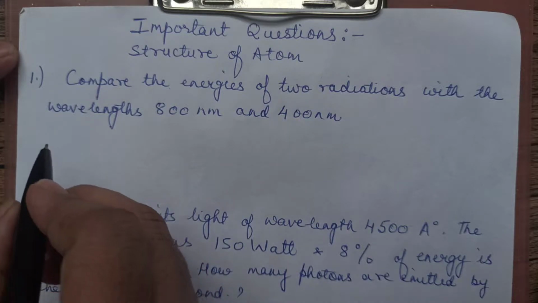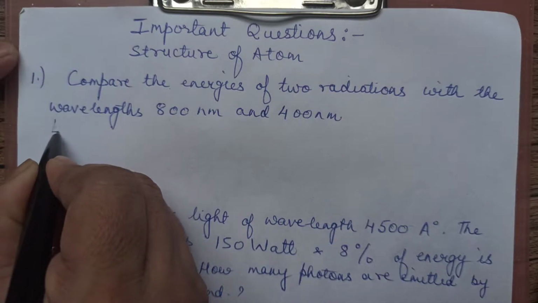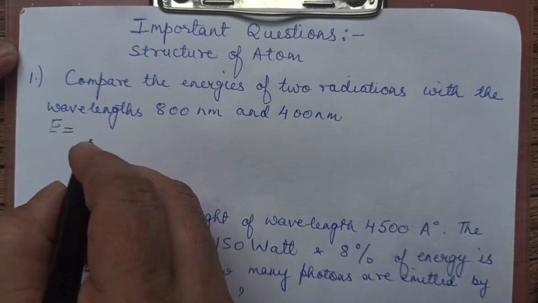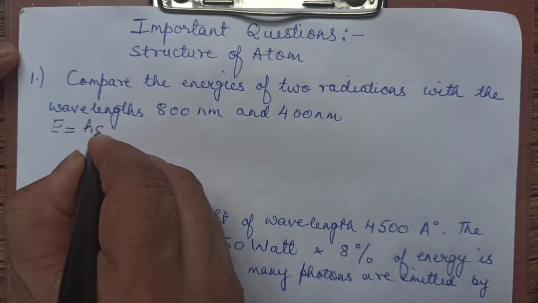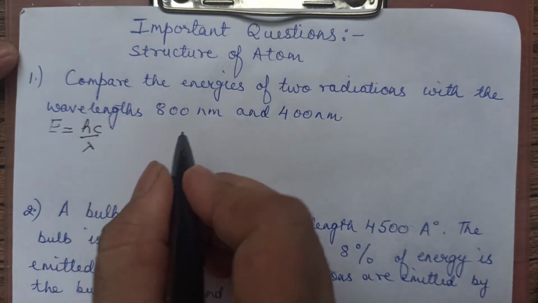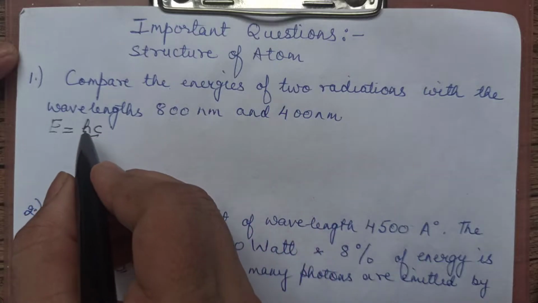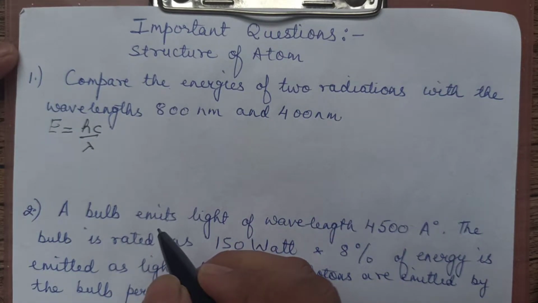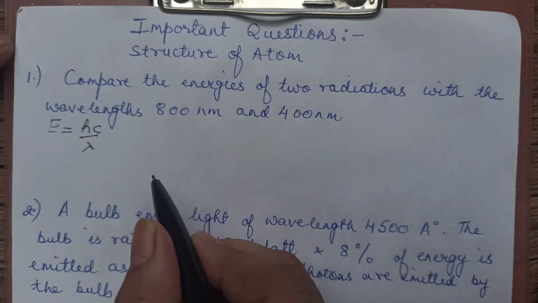I will tell you how. Suppose, children, I write this formula, a relation between energy and wavelength. I have E is equal to hc by lambda. In this particular question, h and c will be constant for both the wavelengths. So we need not actually put the values of h and c.